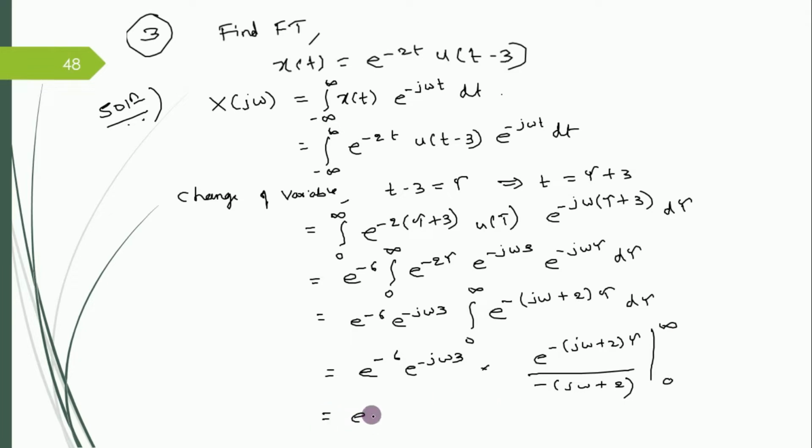So if you substitute the limits, e raised to minus infinity is 1 divided by e raised to infinity, which is 0. E raised to minus infinity is 0. So substitute tau equal to 0. E raised to 0 is 1. So I write it as minus 1 divided by minus j omega plus 2.